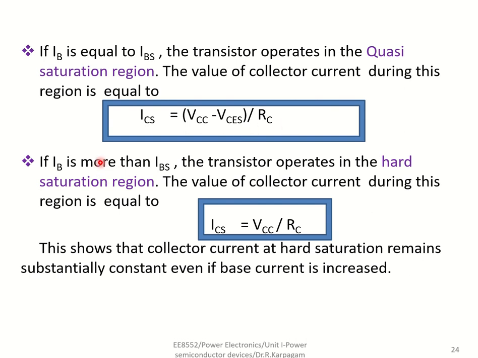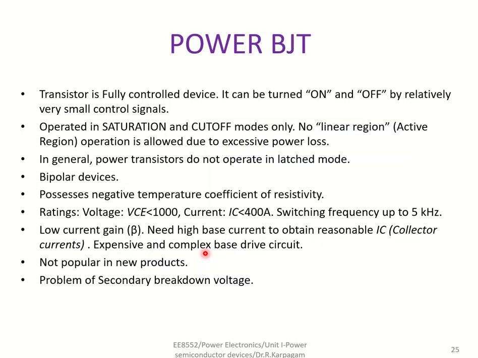When the base current is more than the base saturation current, the transistor operates in hard saturation region. The value of collector current in this region is equal to the supply voltage divided by the collector resistance. This shows that the collector current at hard saturation remains substantially constant if the base current is increased.